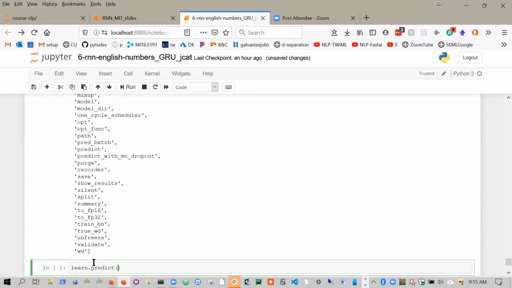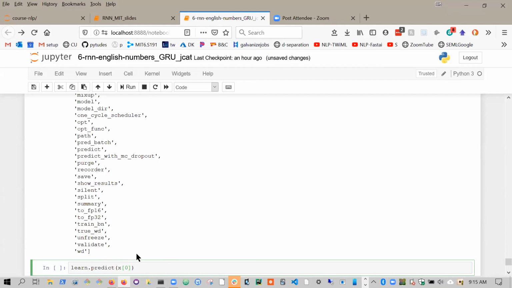So I should be able to give it part of a batch. Let's say x of 0. Let's see. I forgot what x looks like. X is a batch, and it's 64 by 70.